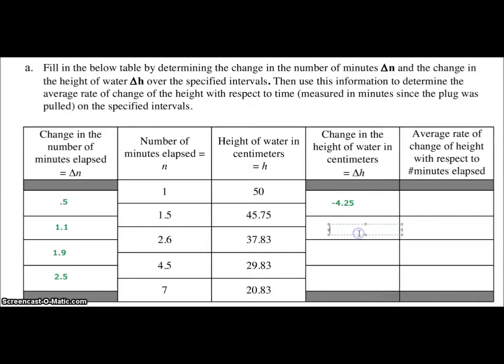Let's see, 37.83 minus 45.75 is negative 7.92. 29.83 minus 37.83 is negative 8. 20.83 minus 29.83 is negative 9.